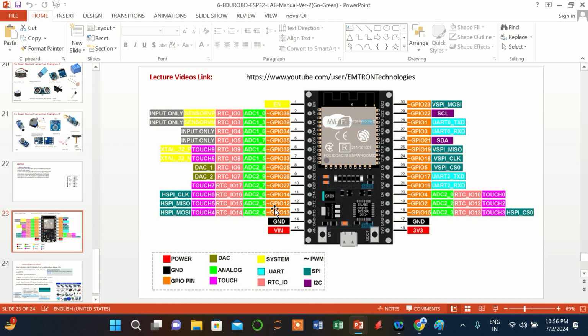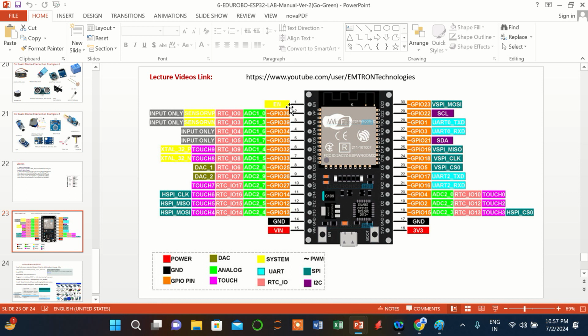Plus PWM, wherever the tilde is given, they are also used for generation of the pulse width modulated signal. So I hope now you can understand the same pin can behave in multiple ways. In the previous session, we used it as an output port. In today's session, the GPIO pins, every pin is a GPIO for that matter. We will see how to use them.